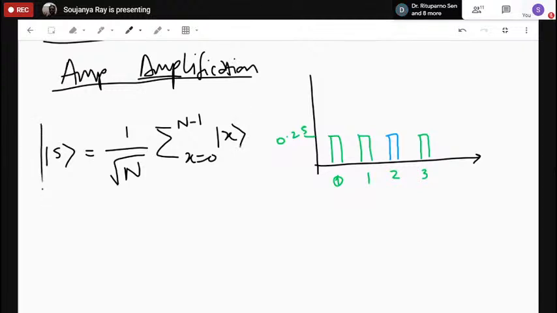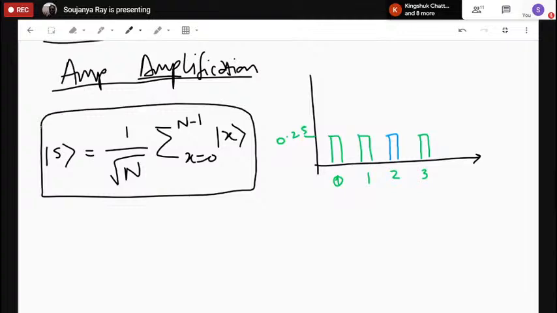So this is what the superposition state in an equation looks like. Now, again, we cannot measure the superposition, but if we measure it, the state will collapse into either 0 or 1 or 2 or 3. So we have to refrain from measuring.